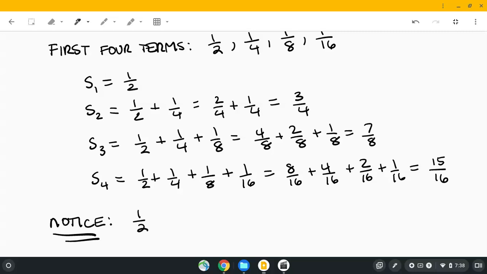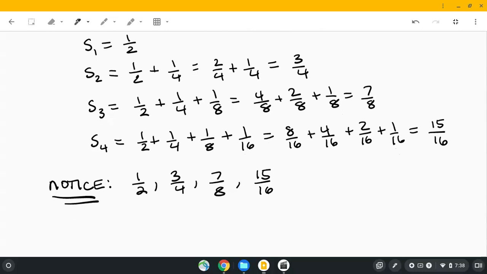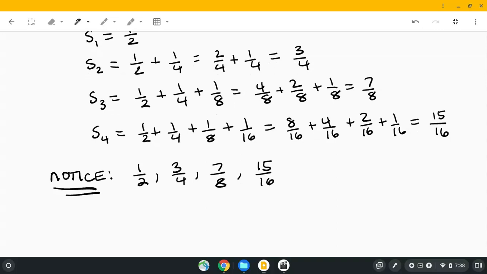So our first answer was 1/2, and then 3 over 4, 7 over 8, and then 15 over 16. Maybe some of you noticed a pattern here. Okay, so this is again A1, A2, A3, A4.